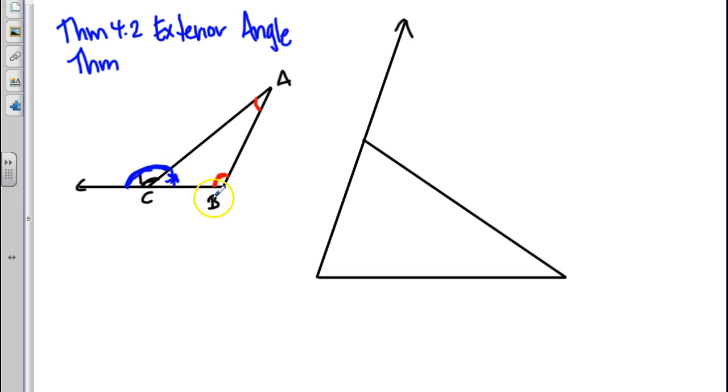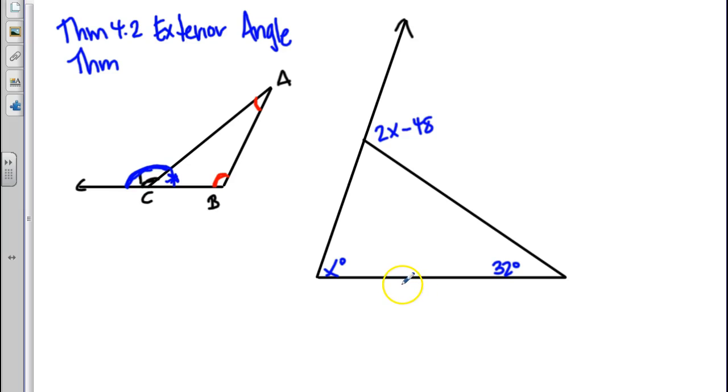All right, so let's check this problem out. So 2x minus 48 is the exterior angle. Remote interior, which means not touching that one, x and 32 degrees. All right, let's see if we can figure out how to solve for x.